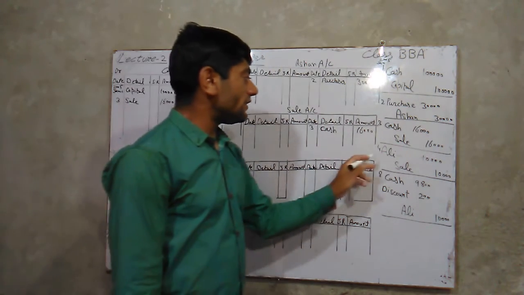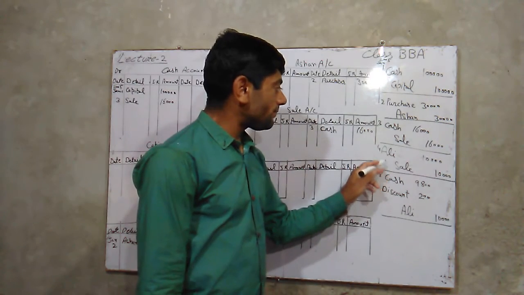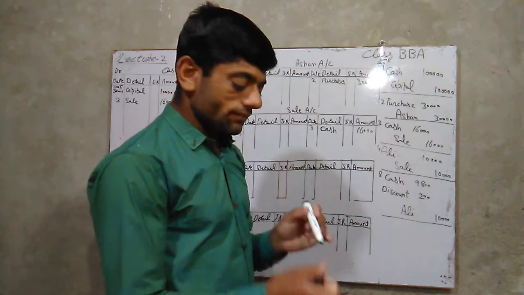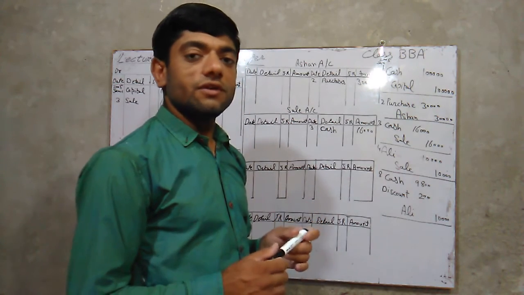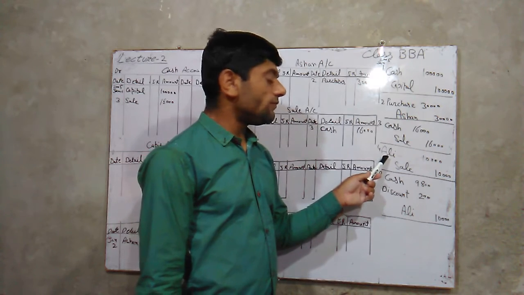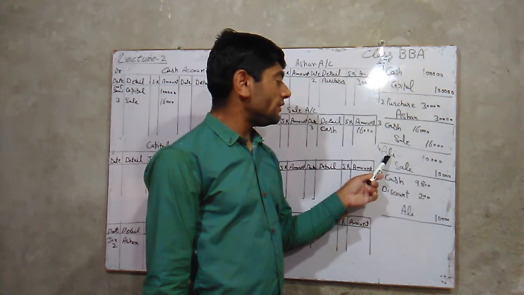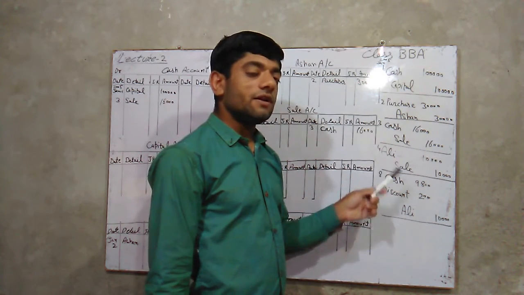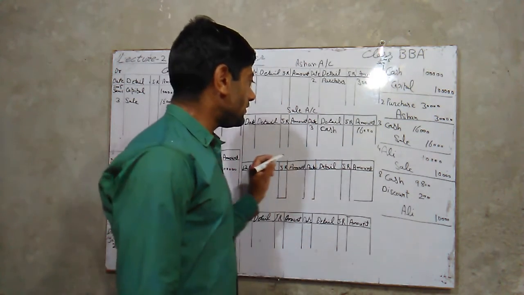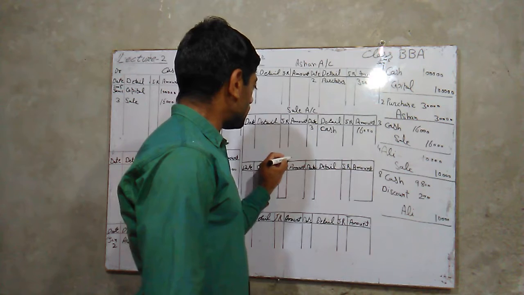And the next transaction is sale to Ali, meaning we sell on a credit basis; we will receive the amount from Ali. So Ali is debit and sale increase is credit.